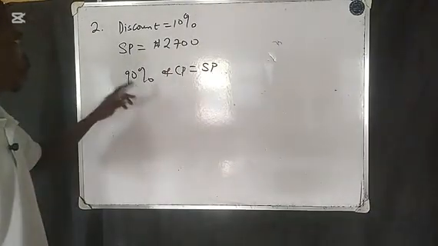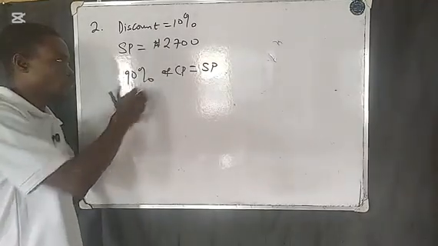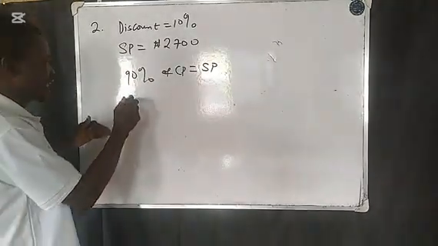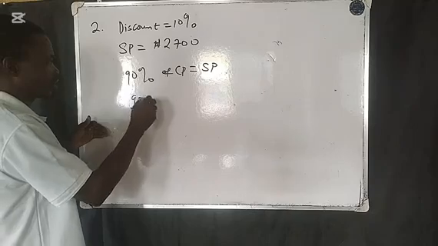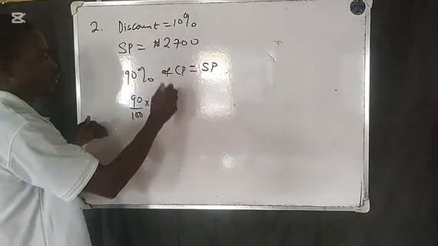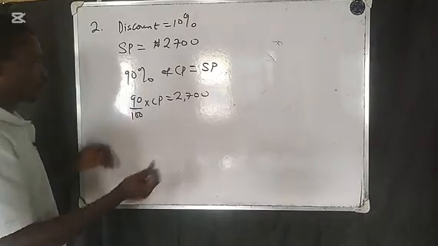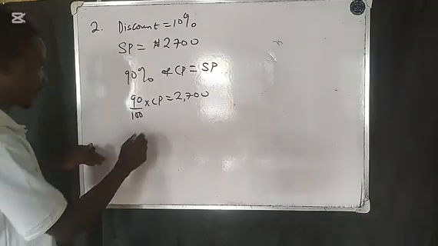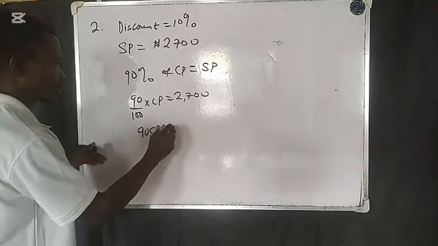If you remove 10 from 100, you are left with 90%, right? So 90 over 100 times cost price is equal to 2700. If you cross multiply, you are going to have 90 CP, right?